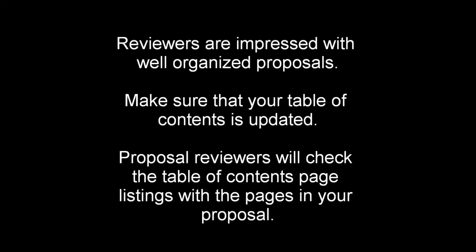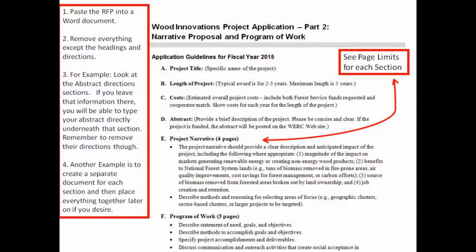Another tip is that you can copy and paste the entire request for a proposal into a Word document. Now, you don't have to really do the entire proposal. You could just do the narrative and all of the instructions that are required in the proposal. So you want to do that in a Word document and then remove everything except your headings and your directions.